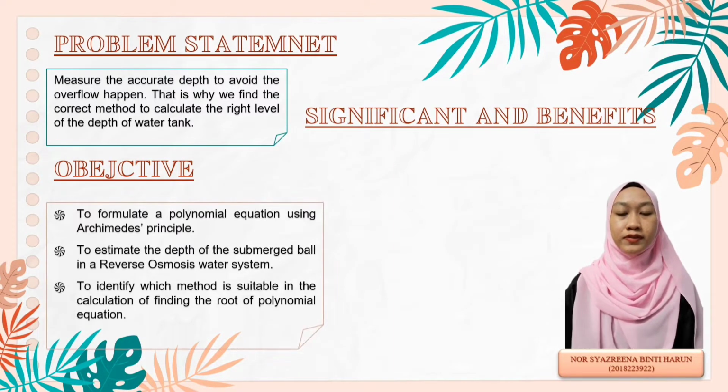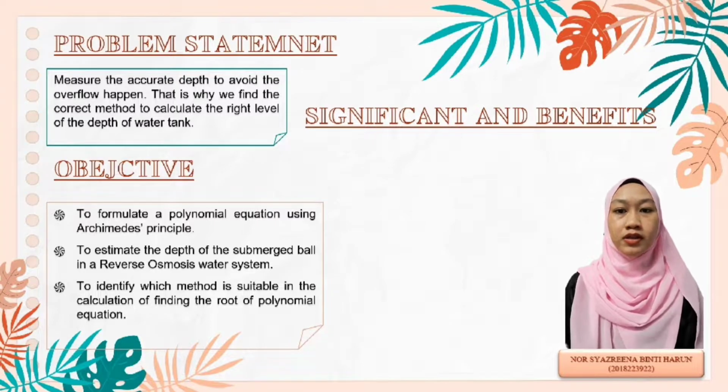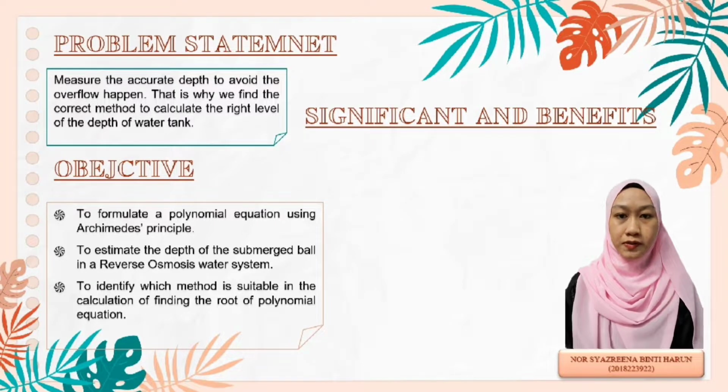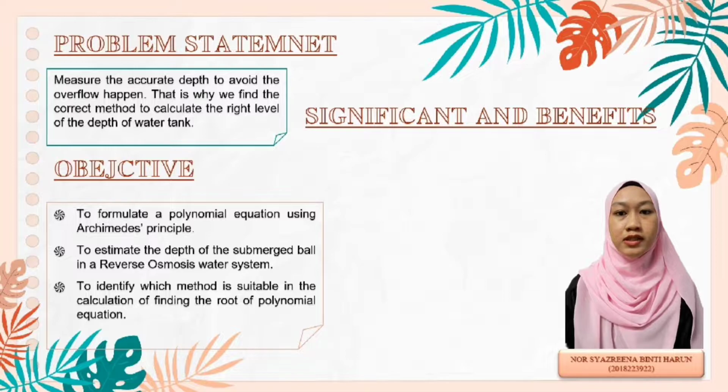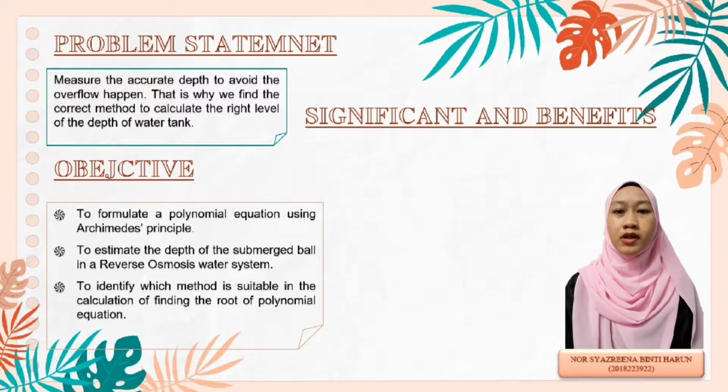The objectives of this study are: first, to formulate a polynomial equation using Archimedes' principle according to the radius of the ball submerged in the reverse osmosis water. Second, to estimate the depth of the submerged ball in a reverse osmosis water system using the bisection method, Newton-Raphson method, and secant method. Third, to identify which method is suitable in the calculation of finding the root of a cubic function equation.